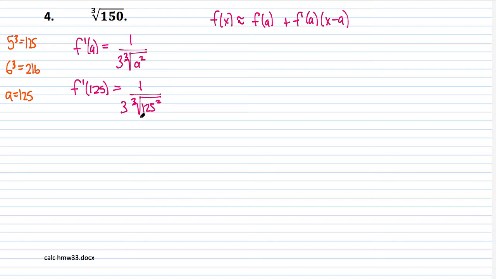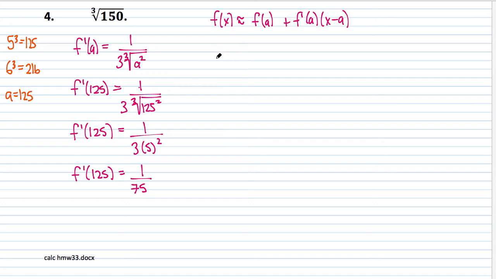Again, you can do this in any order, and I could write that as 1 over 3 times, the cube root of 125 is 5, and then 5 squared. So my derivative at an a of 125 is 1 over 75.